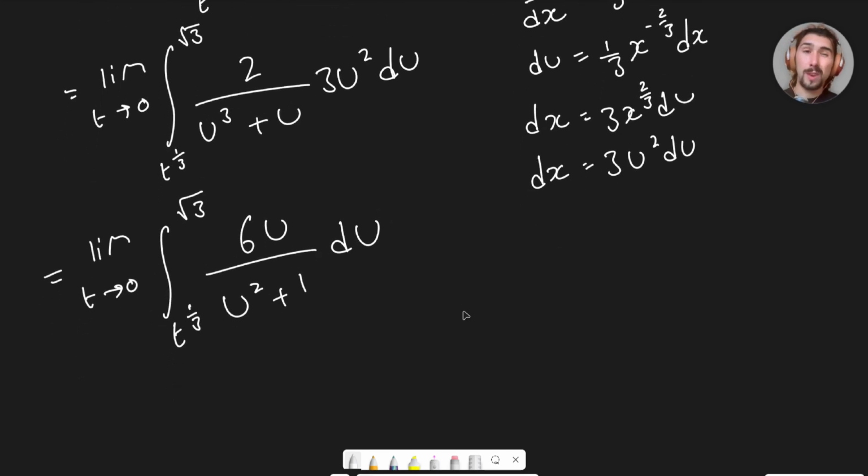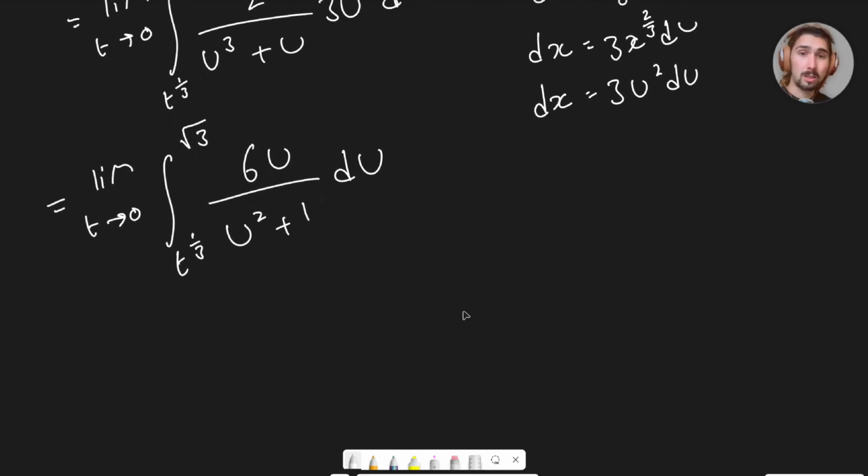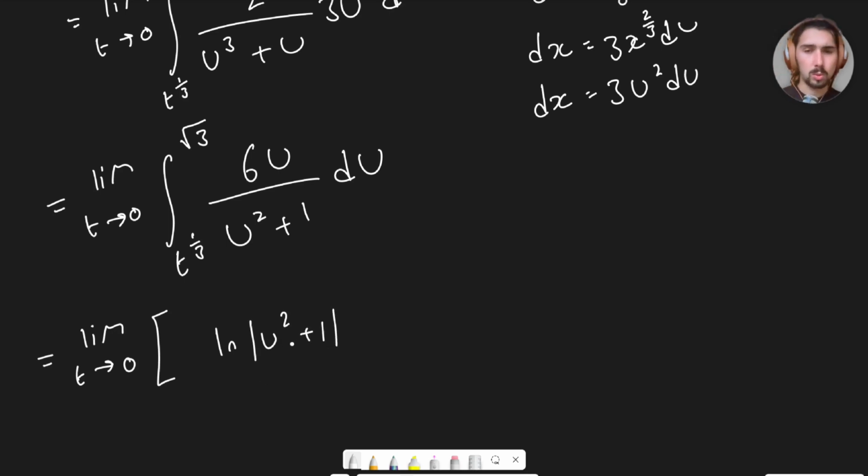And this integral is fairly straightforward, so you can actually do this by substitution if you like, or some people might be able to just see it because it's kind of what you might call the reverse chain rule here. So essentially, if you think about the derivative of the natural log of u squared plus 1, what does the natural log of u squared plus 1 differentiate to? What's the derivative of that?